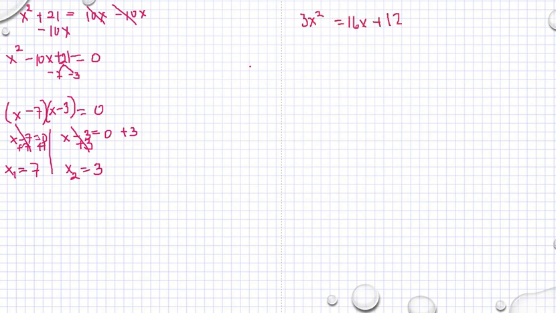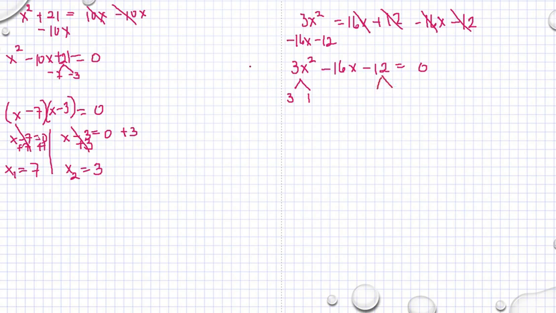Okay, another is 3x squared is equal to 16x minus 12. We need to make it 0, so we need to subtract 16x and subtract 12 from both sides of the equation. So we have 3x squared minus 16x minus 12 is equal to 0. What we need to do now is, we only have one set for 3, that is 3 times 1.